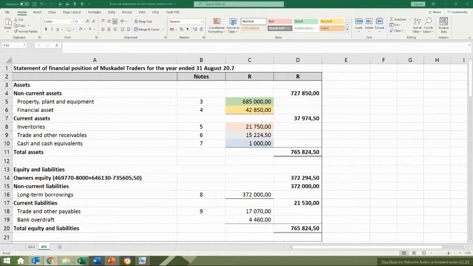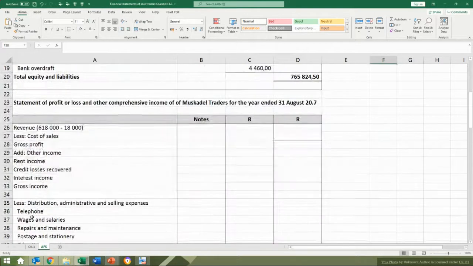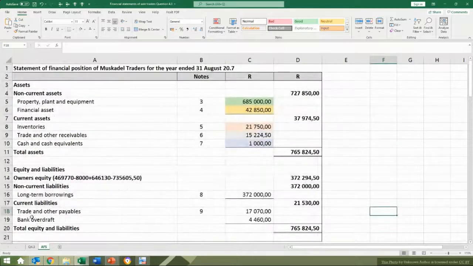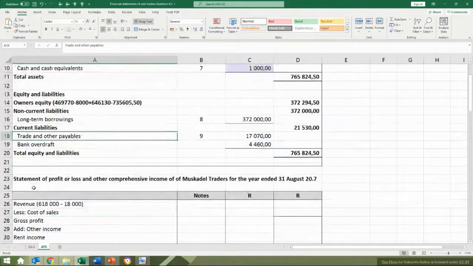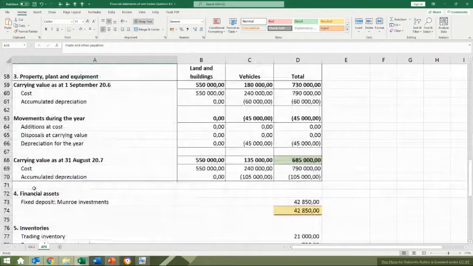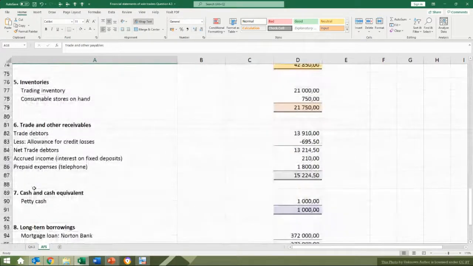Okay, Nakantla, you asked, why do we include the income less the expenses on the liabilities? Let's quickly see. You are asking, it's probably the trade and other payables. So let's quickly look at the trade and other payables again.